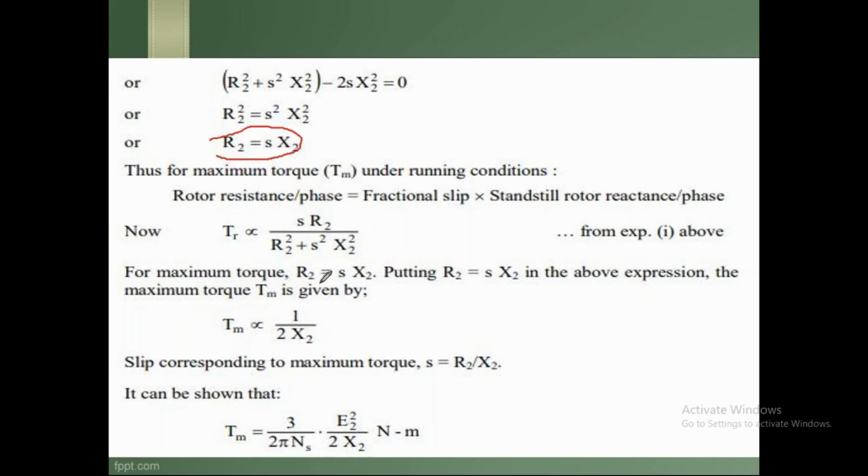Now from this equation, you will get the maximum torque at running condition and the maximum torque at starting condition. Now I will write the equations again for simplification. First, the starting condition.